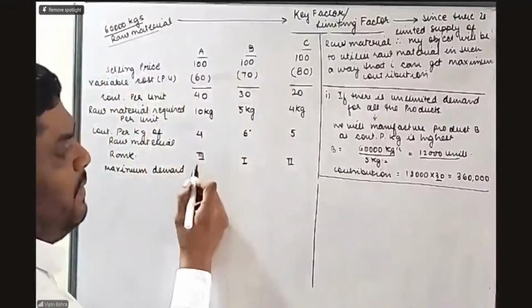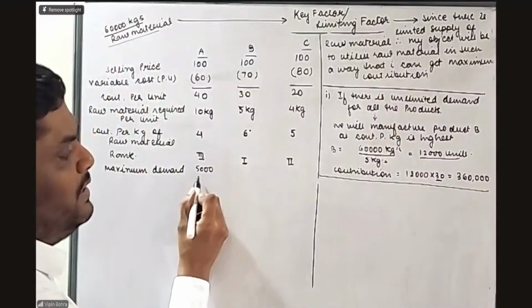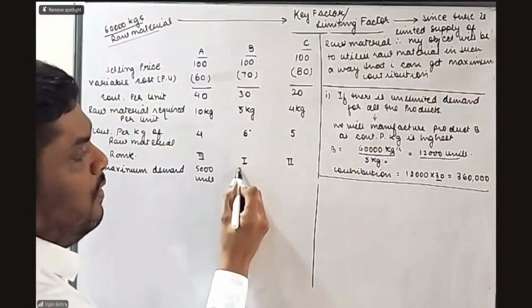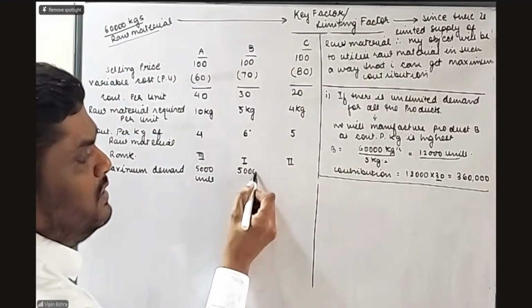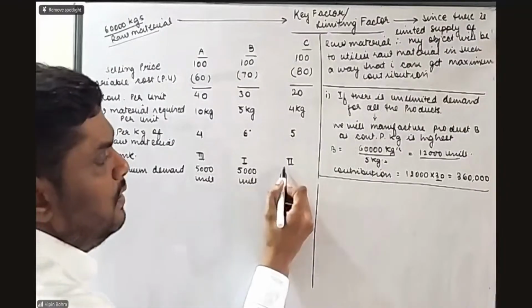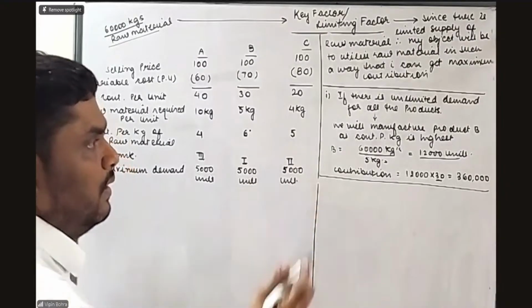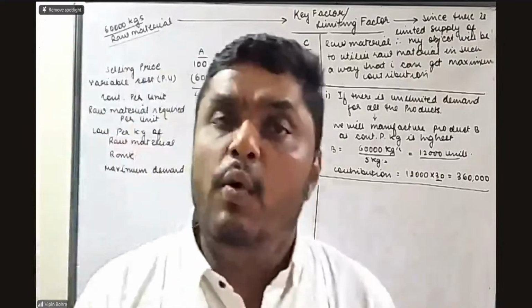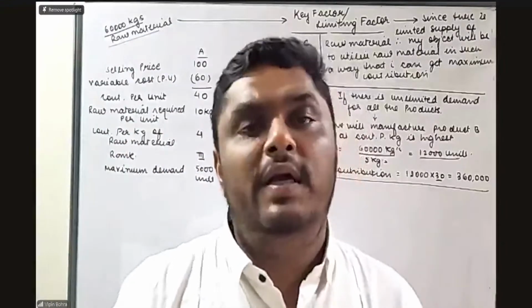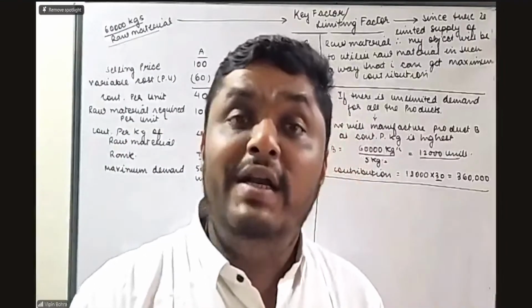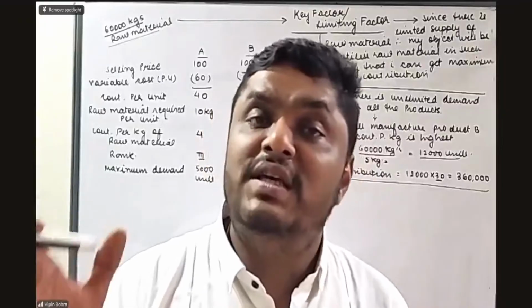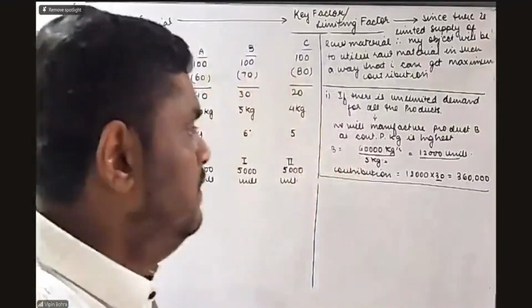This is the maximum demand, that is 5,000 units. Herein also 5,000 units. We cannot sell more than 5,000 units of a particular product. Now the point is how many units we should manufacture for A, B and C.